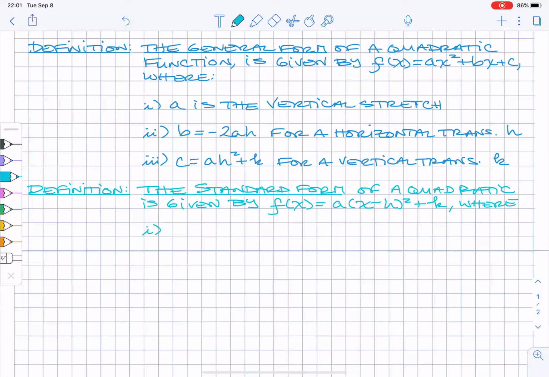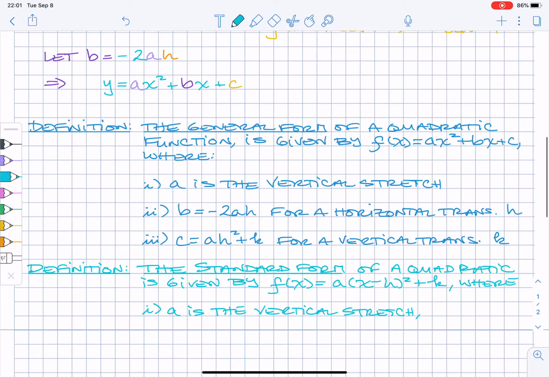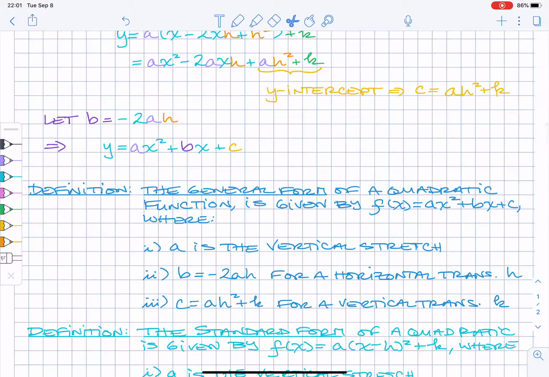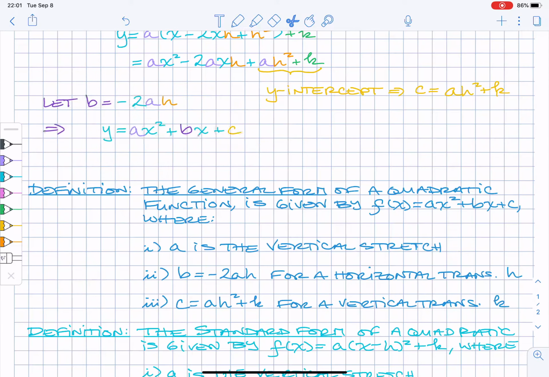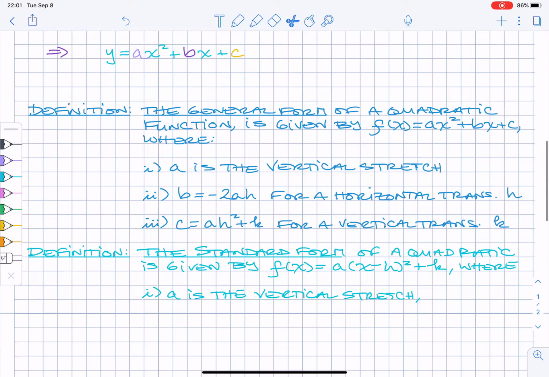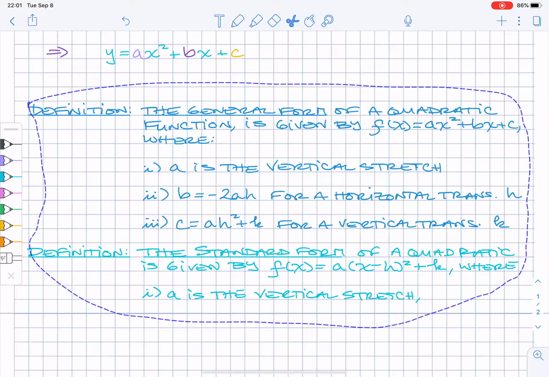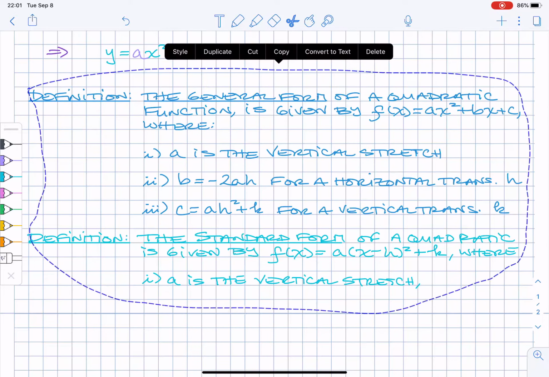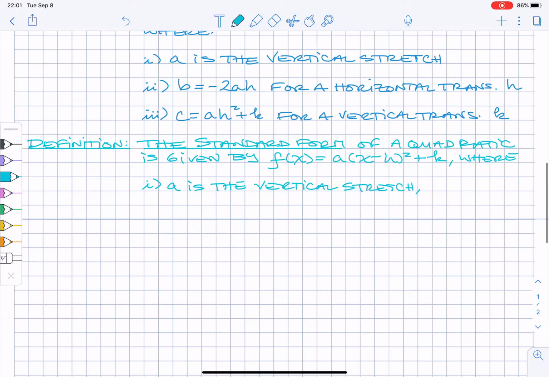number one, a is the vertical stretch, and number two, h comma k is the vertex.